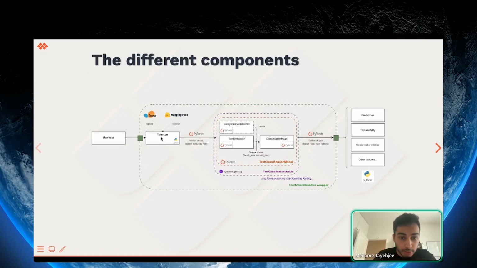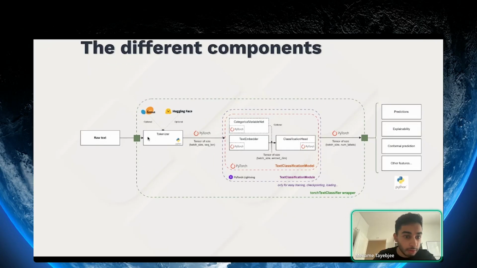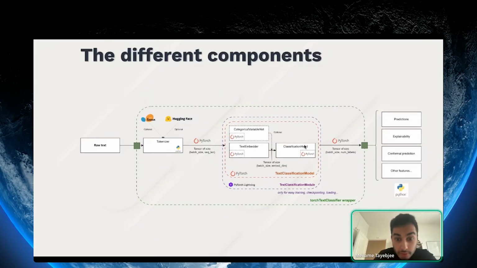Before doing that, I will just go with you to deep dive into the different components of how we conceptualized the notion of a text classification model. So first, a text classification model takes a raw text.